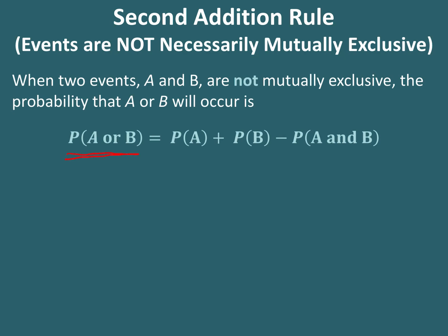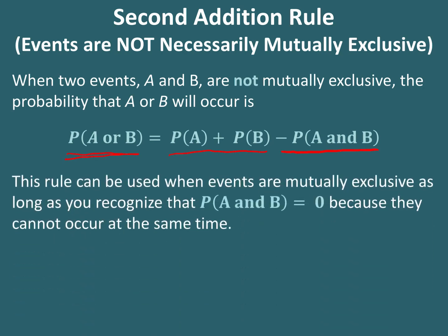However, because the events are not mutually exclusive, it has a slight difference to it. It starts off exactly the same, the probability of A plus the probability of B, but then it subtracts the probability that both A and B occur at the same time. What this does for us, it subtracts away any sort of overlap or overcounting.